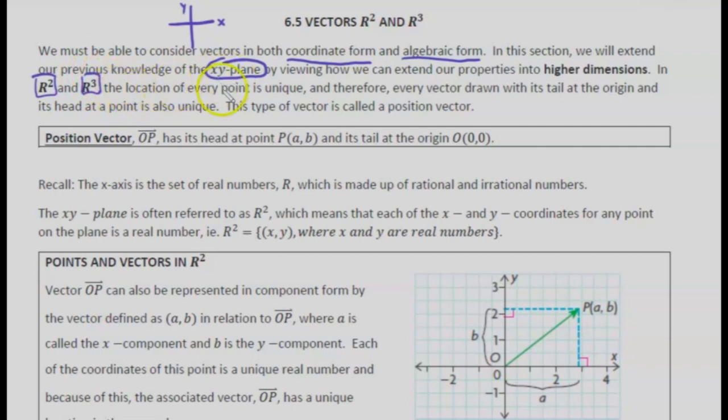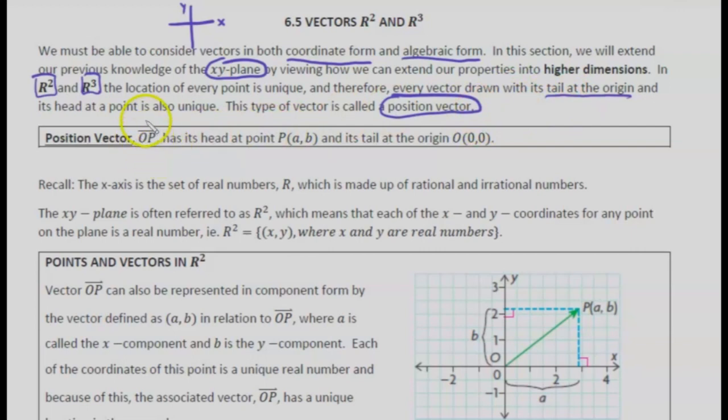Okay, the location of every point is unique, and therefore every vector drawn with its tail at the origin, okay, that's the standard, and its head at the point is also unique. This type of vector is called the position vector. So a position vector is when you pick up any vector in space, okay, and you position it so that its tail is at the origin.